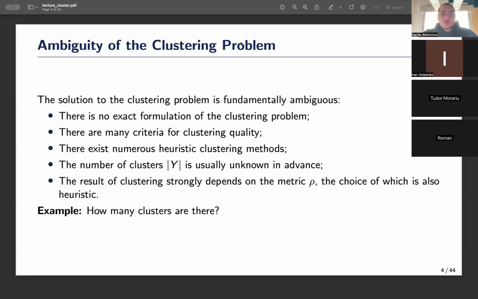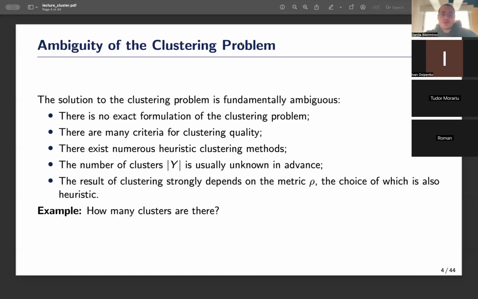The solution to the clustering problem is inherently ambiguous for several reasons. First, there is no single best criterion for evaluating clustering quality. There are many reasonable criteria, and various algorithms that don't have a strictly defined criterion still produce fairly reasonable clustering by construction. Also, these different approaches can yield varying results.